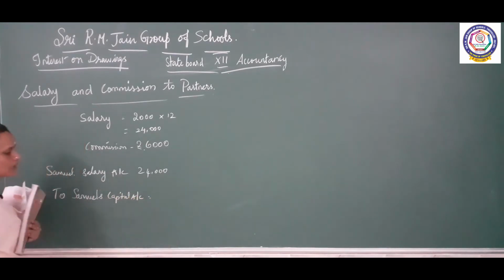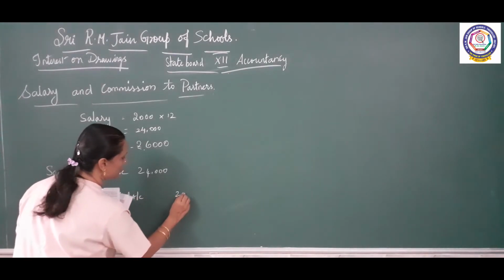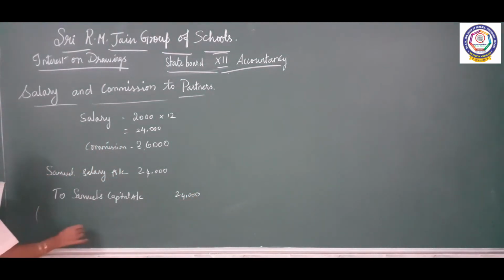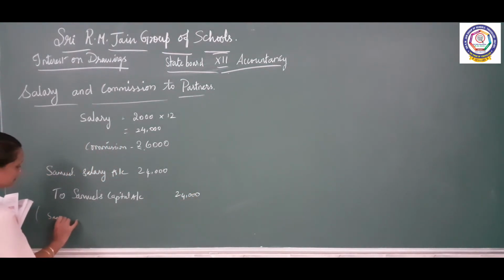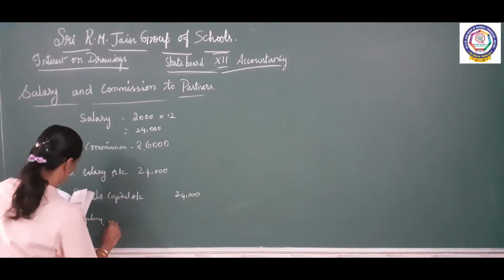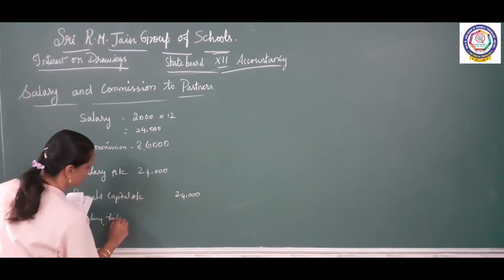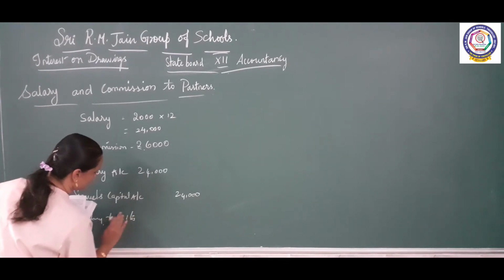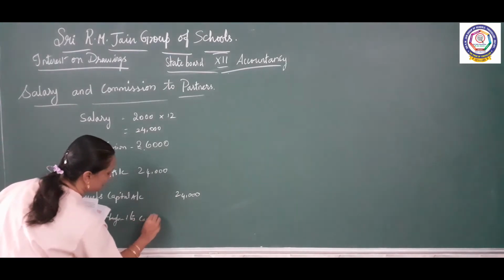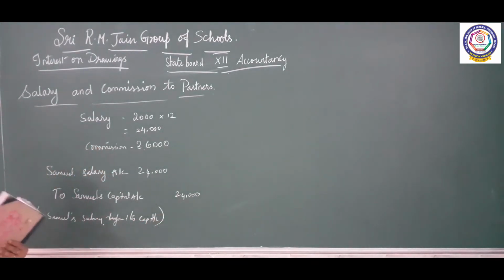Because the fluctuating method they have given. So capital account 24,000. Okay, so narration you have to write: Samuel's salary transferred to capital account.